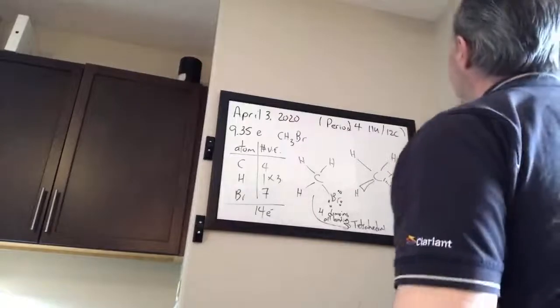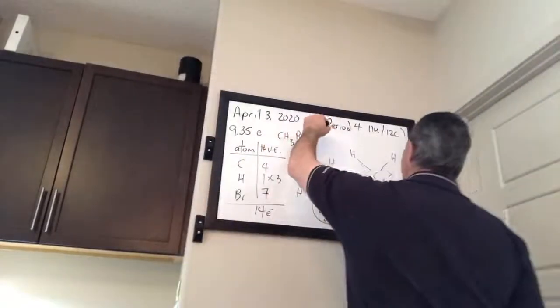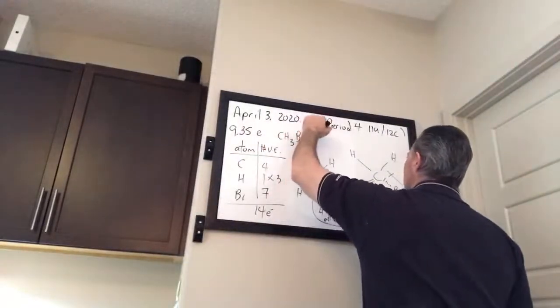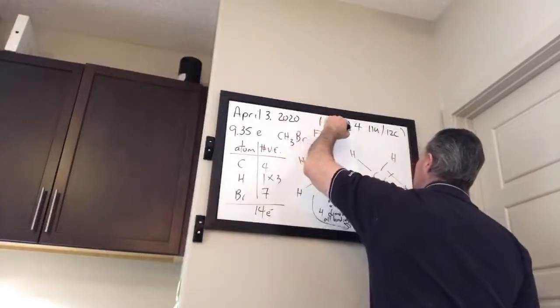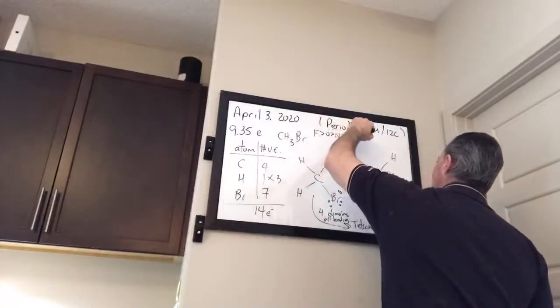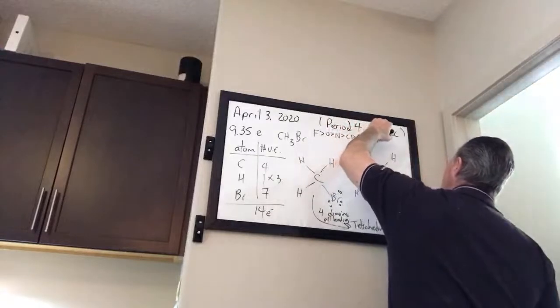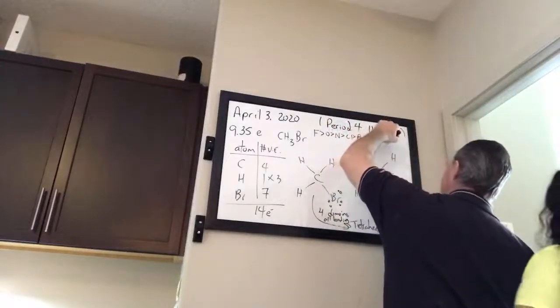Hydrogen, how does it go? What is the electronegativity series? It goes like this. Von, Col, Burr, K, H, metals.